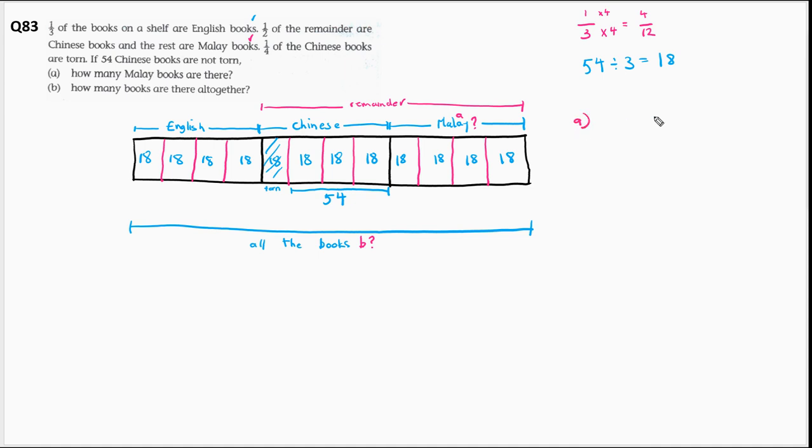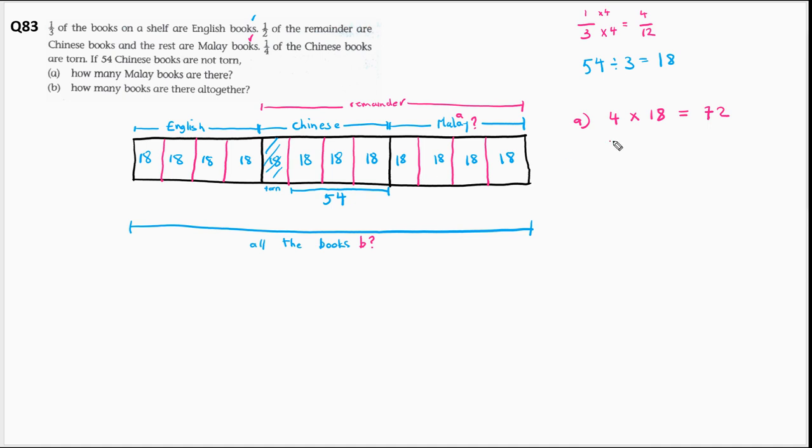All right. What do we have to do to answer question A? Well, that's 4 parts of 18. Okay, so we could do 4 times 18. Okay, that's going to give us an answer of 72. But we also already knew that 3 parts of 18 is equal to 54.